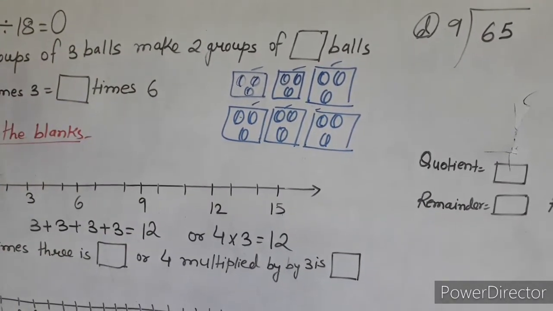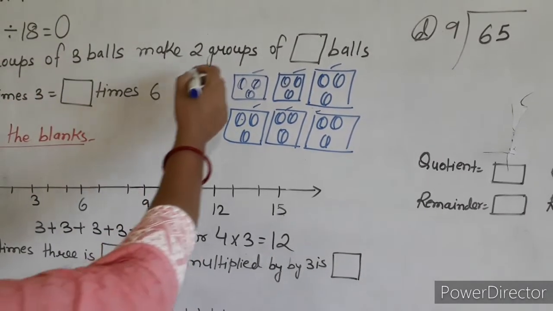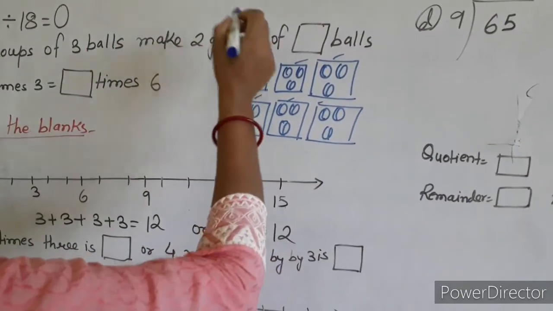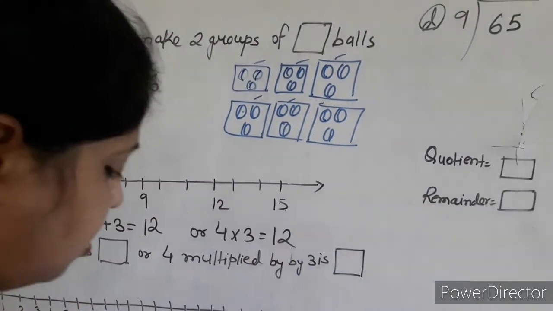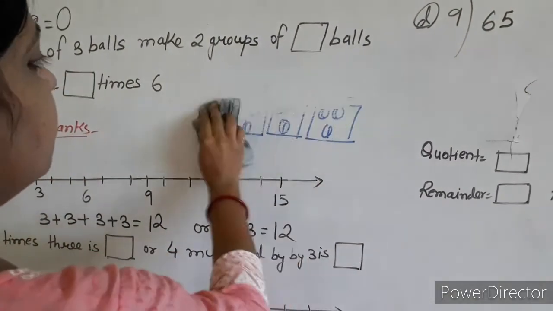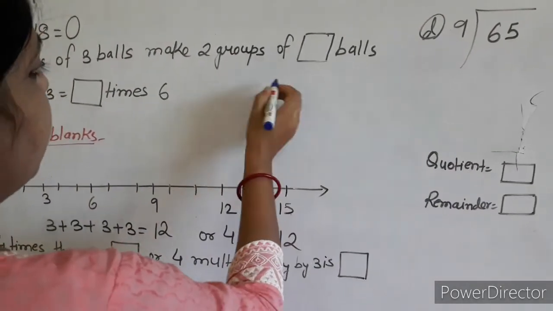Or you can write it as multiplication: 6 into 3 is 18. So if it is 2 groups, how many balls in each of the 2 groups will you write so that the answer will be 18? Here in 2 groups, how many balls can you write?